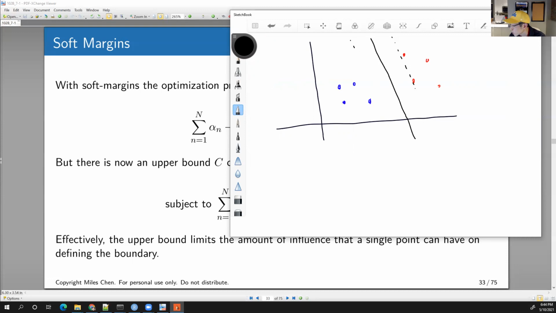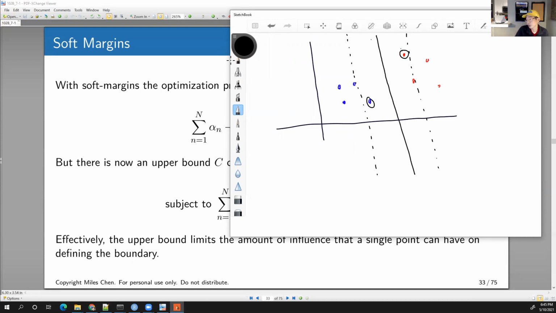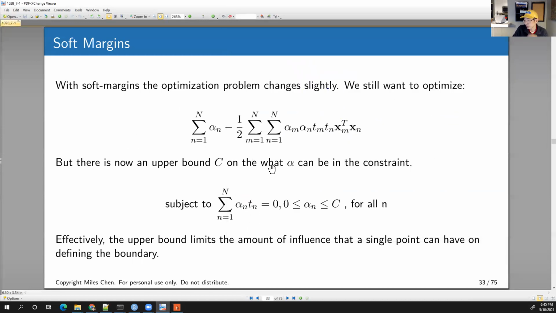Now we can relax this and say we can actually have a different boundary, maybe something like this, and we can draw the margins even a little bit wider. And you can actually have points that are inside the margin. Okay, that's a possibility.